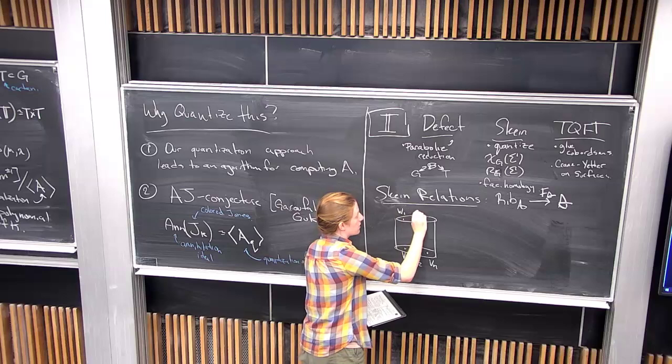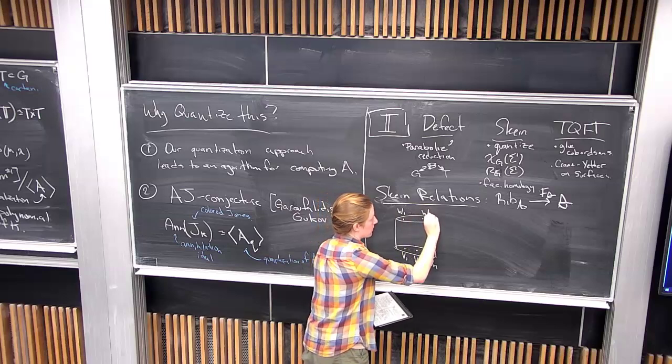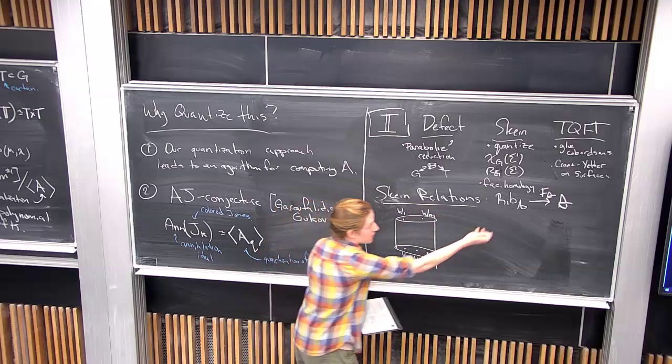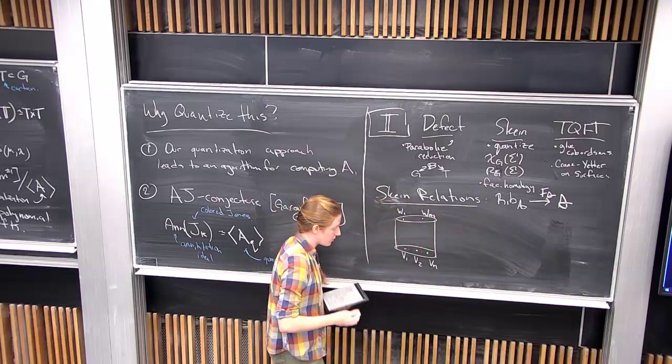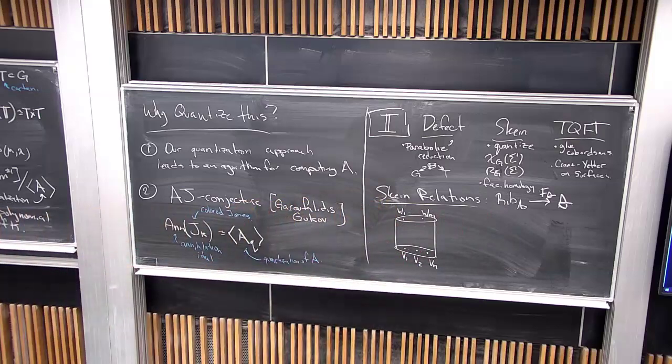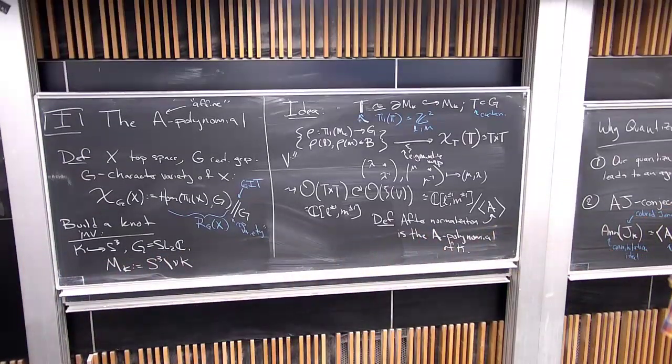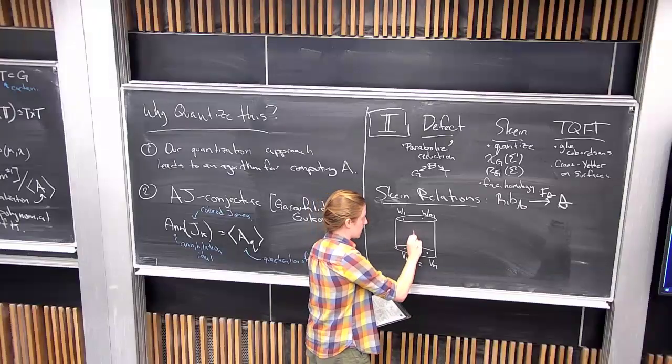So maybe V1 through Vn. So this is an object in this category. This is another object in this category. My morphisms, I'll draw in orange, just to keep things nice and technicolor.